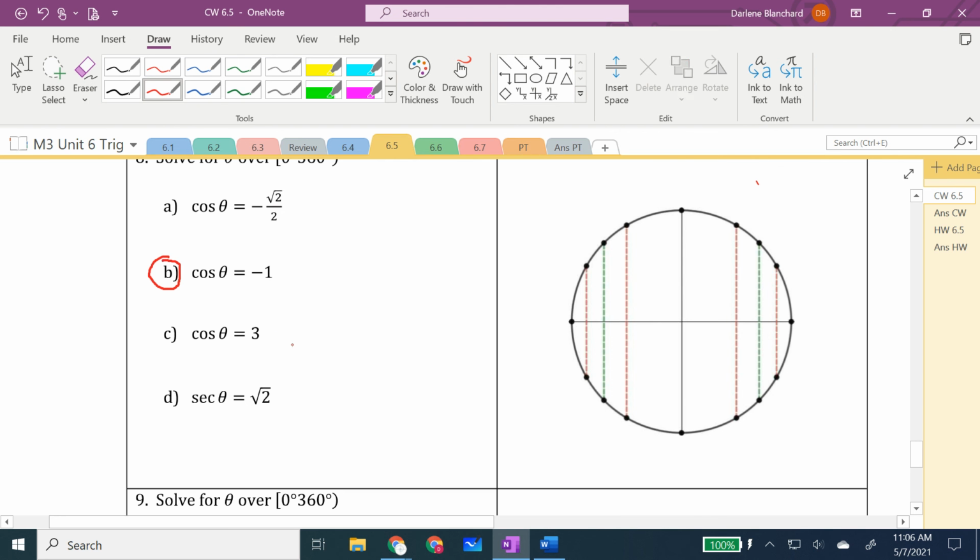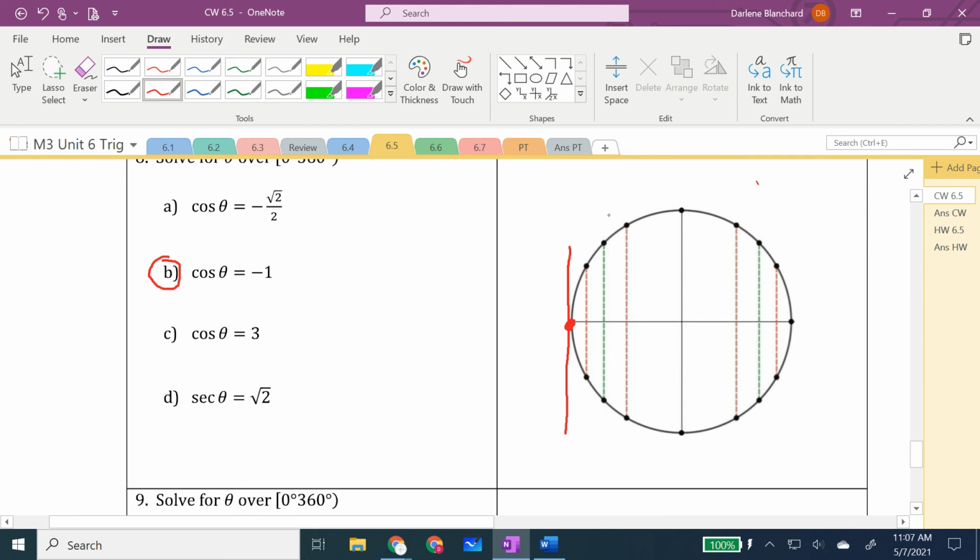For letter B, draw vertical lines for cosine. Where cosine is negative 1, that's when I'm all the way over here. That's where x is negative 1. If I draw a vertical line for x equals negative 1 to help me find when cosine theta equals negative 1, I only hit the circle in one spot.